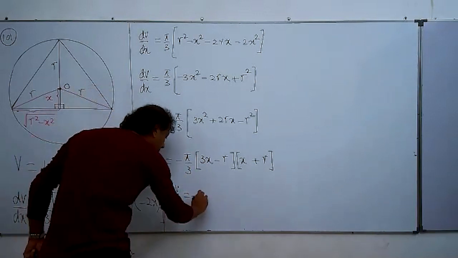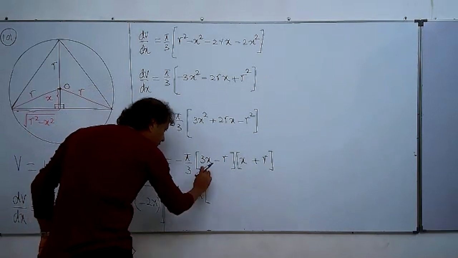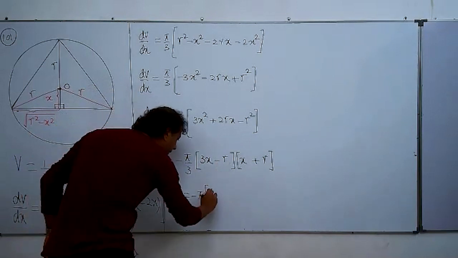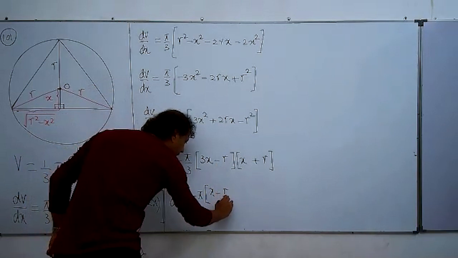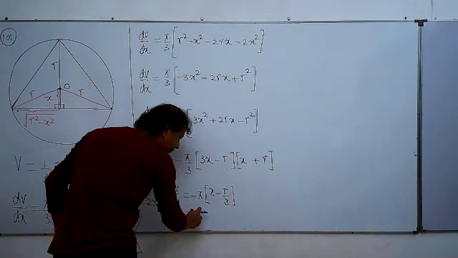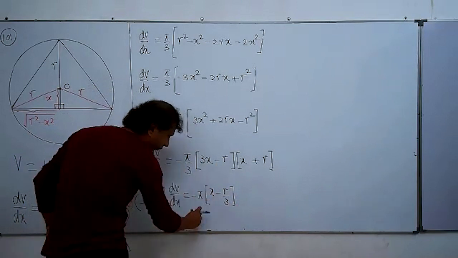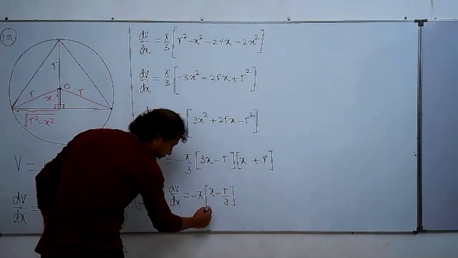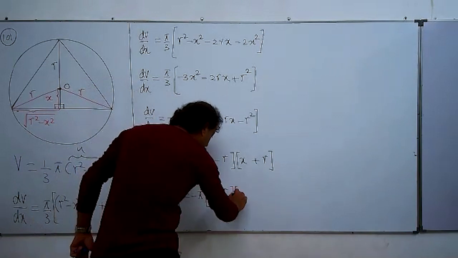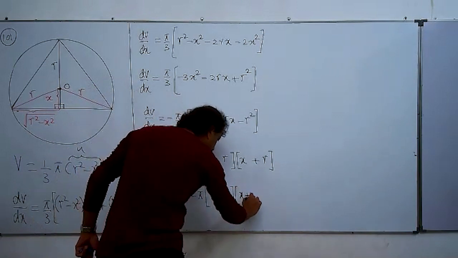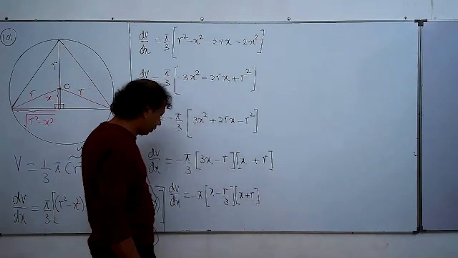Then we have minus pi. Once you take this 3 out, this r should be divided by 3, like this.